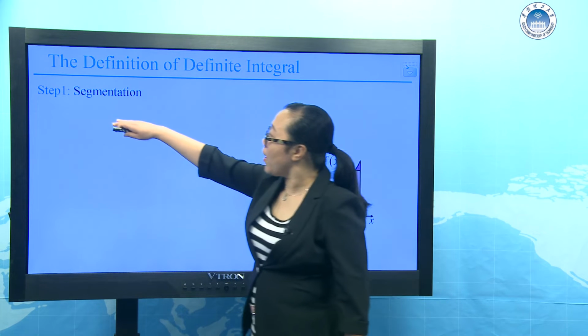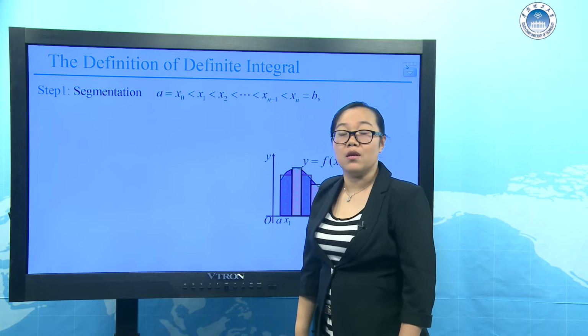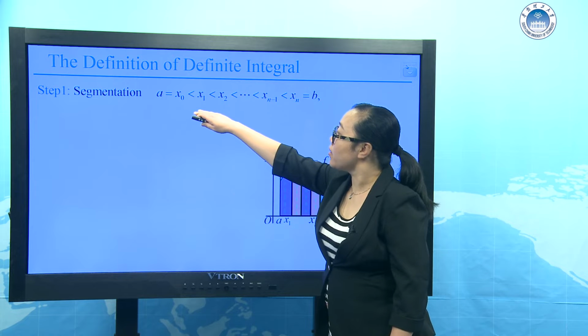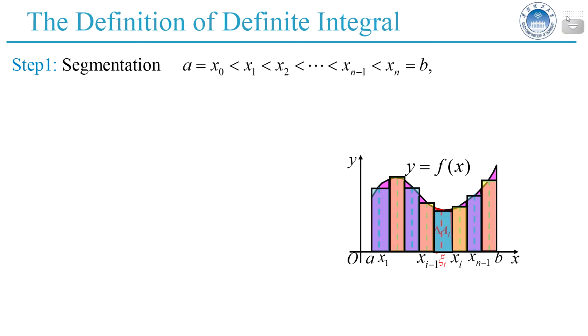Look at step 1, segmentation. Segmentation means the beginning point a equals x0, and the ending point b equals xn. At this time we insert x1, x2, up to x(n-1) into the closed interval.